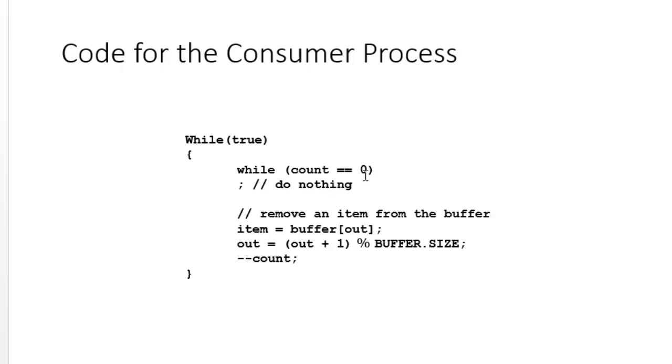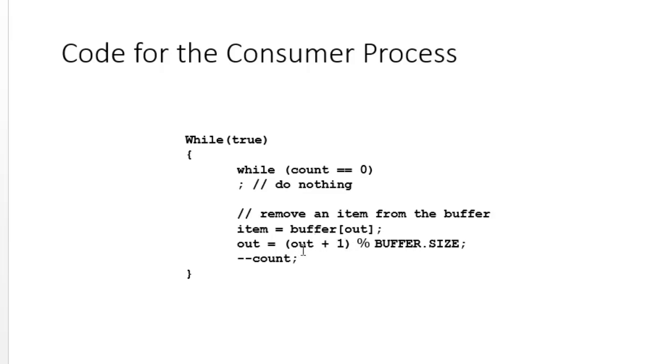So if count value is equal to 0, consumer is not doing anything, it is simply in the waiting state. Otherwise, it will remove an item from the buffer from the position pointed by out. From the position pointed by out in the buffer, you pick out an item and temporarily hold it in local variable called item.